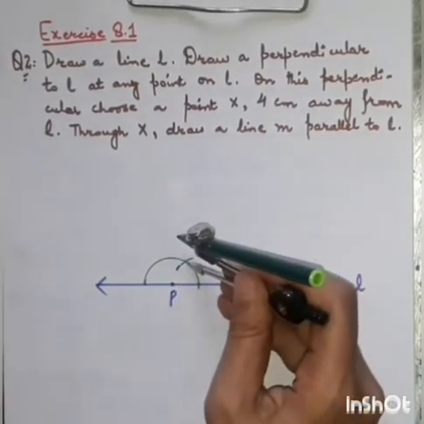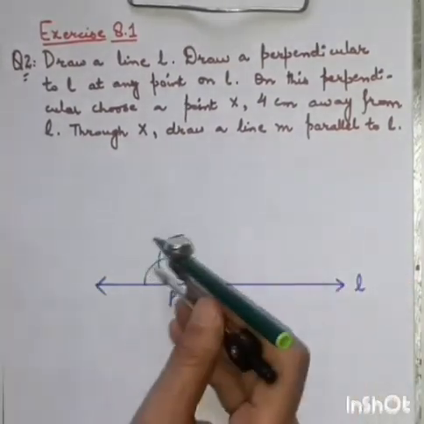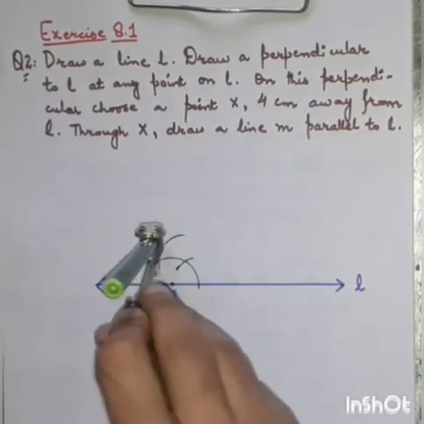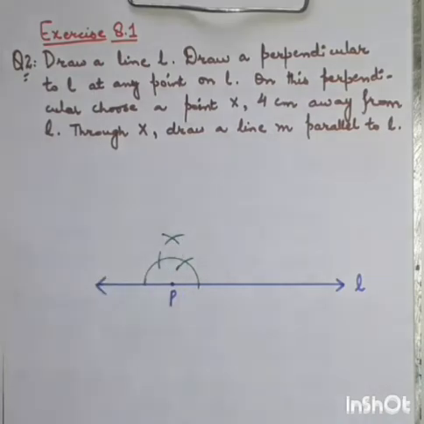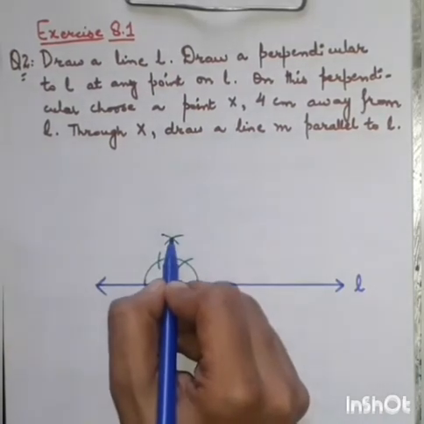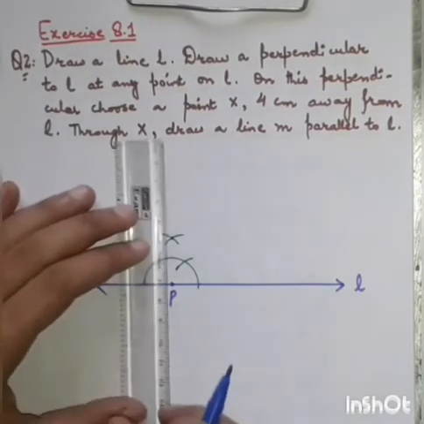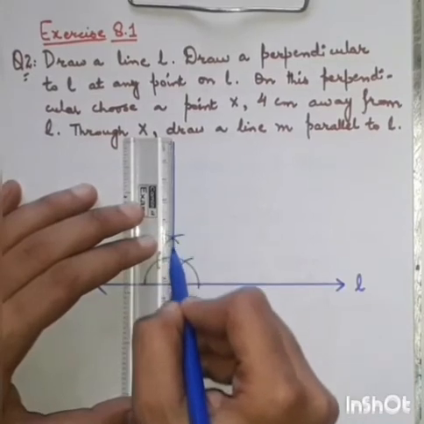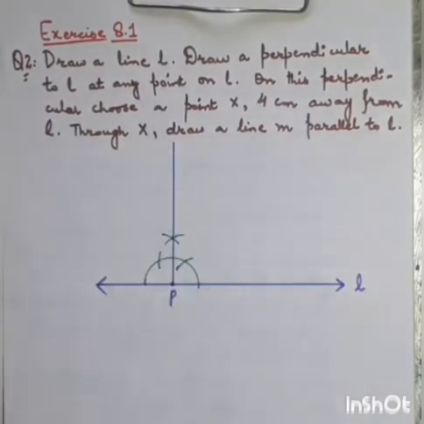Then with this as center, another arc here and here. Then with this as center, I'll draw another arc. So this is the point. Now I'll join this point to P to get a perpendicular. Now this is a perpendicular on this line L.